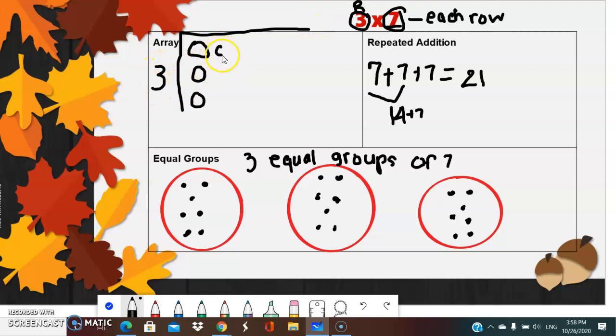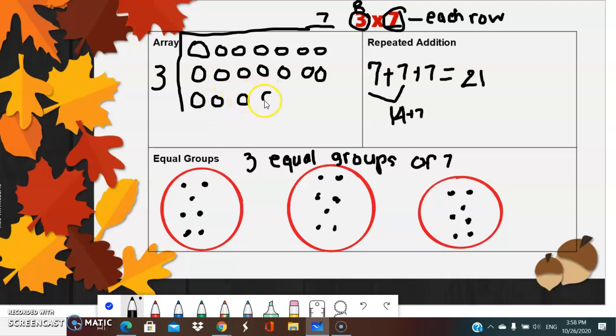So I already have 1, 2, 3, 4, 5, 6, 7. Same here. 1, 2, 3, 4, 5, 6, 7. 1, 2, 3, 4, 5, 6, 7.